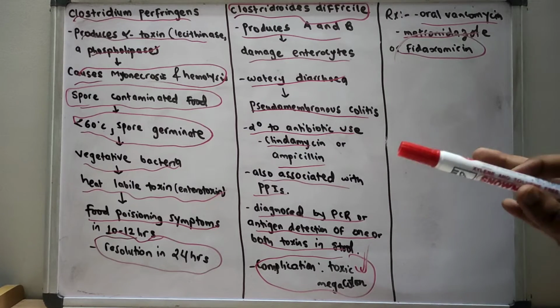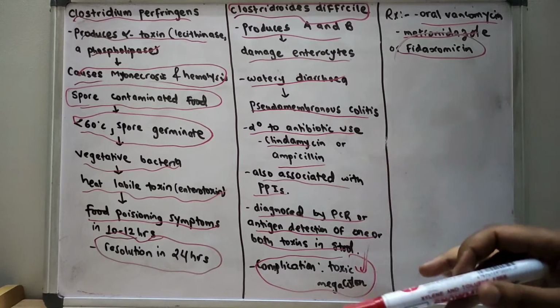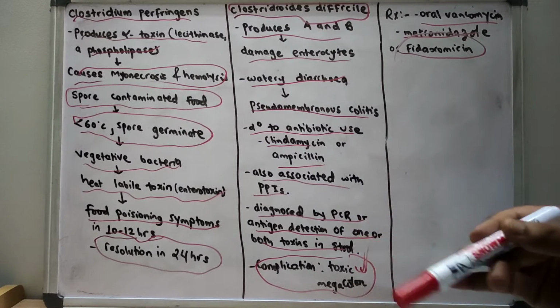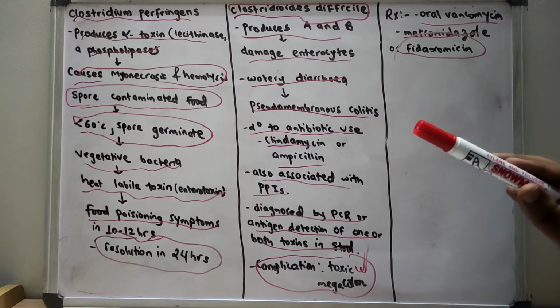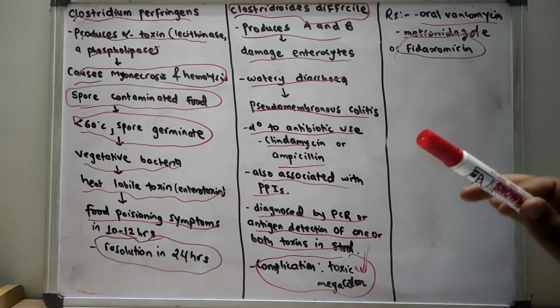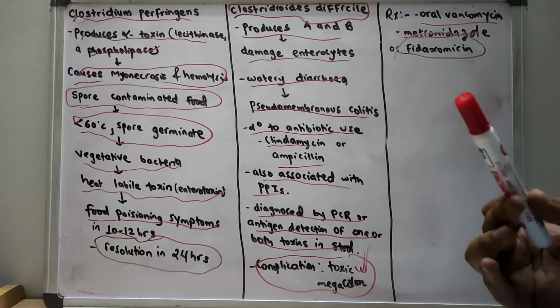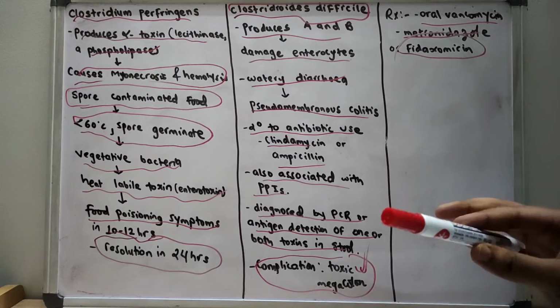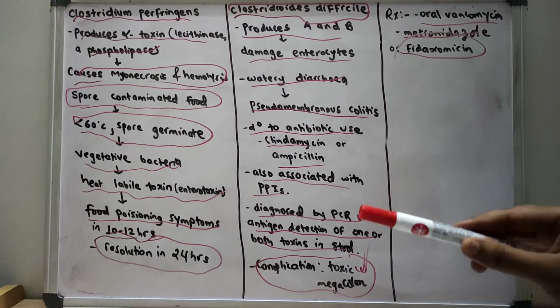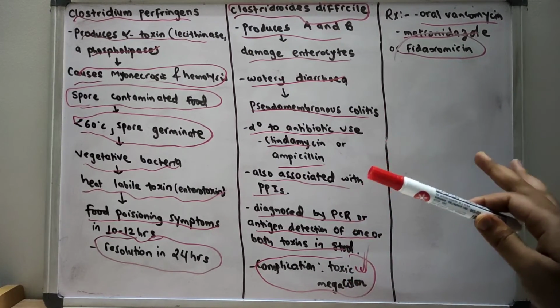Clostridium perfringens produces the alpha toxin, which causes myonecrosis and hemolysis. The myonecrosis causes gas gangrene. Clostridium difficile produces toxin A and toxin B, which produce pseudomembranous colitis, and the ultimate complication of pseudomembranous colitis is toxic megacolon.